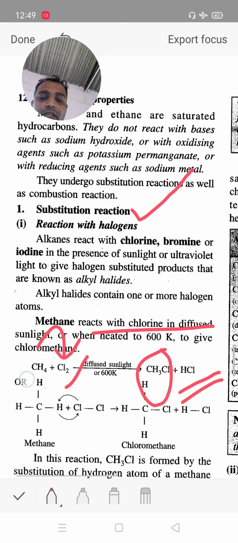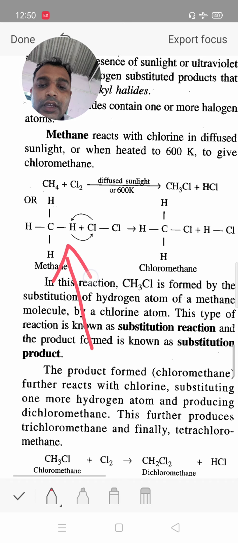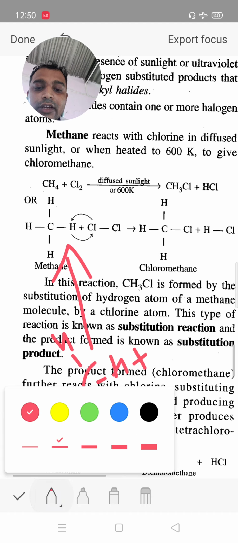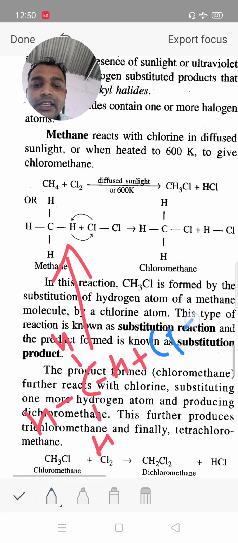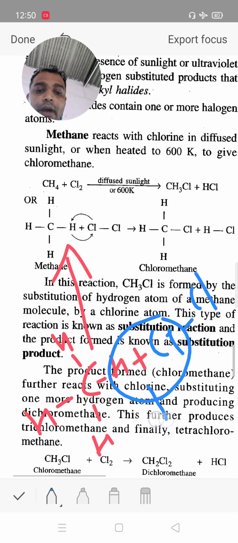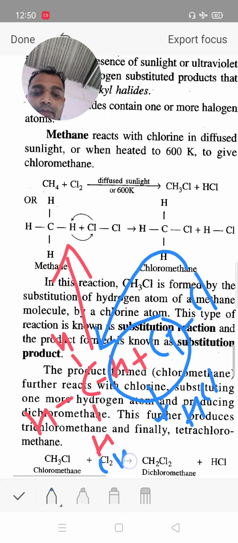In the structure, the CH4 molecule has 4 hydrogens and reacts with Cl2. One Cl departs as HCl byproduct, and one Cl attaches to the carbon atom, forming CH3Cl.